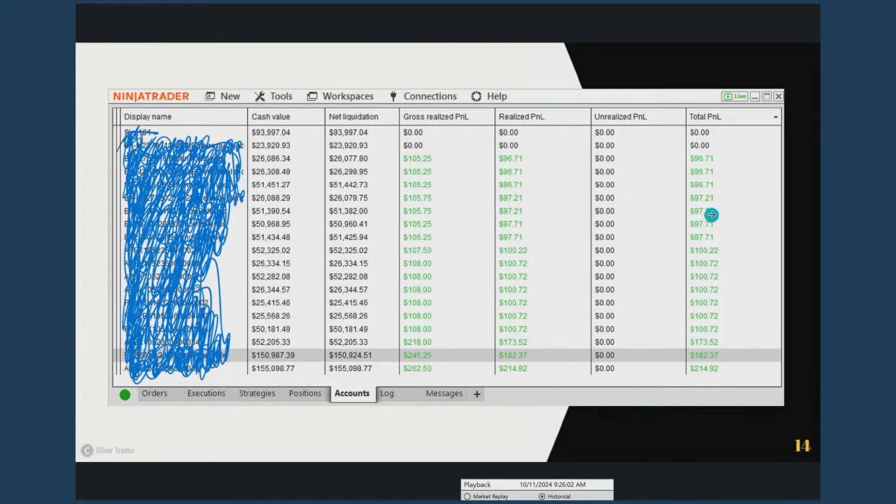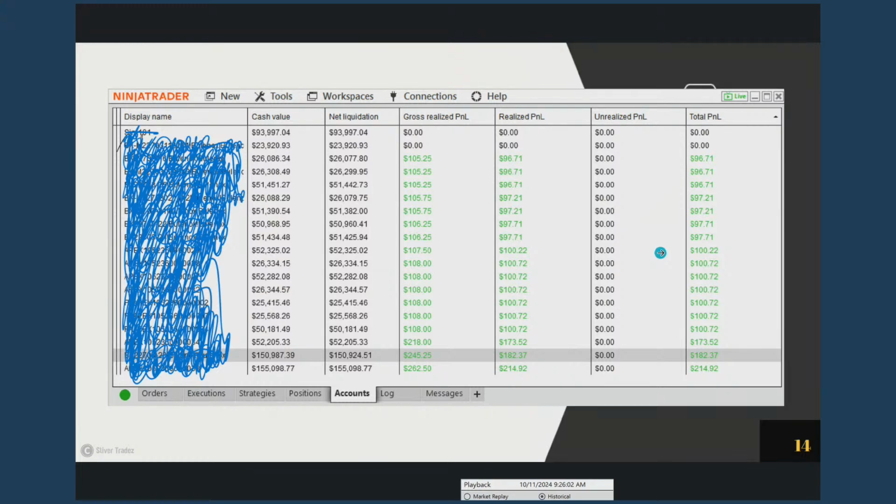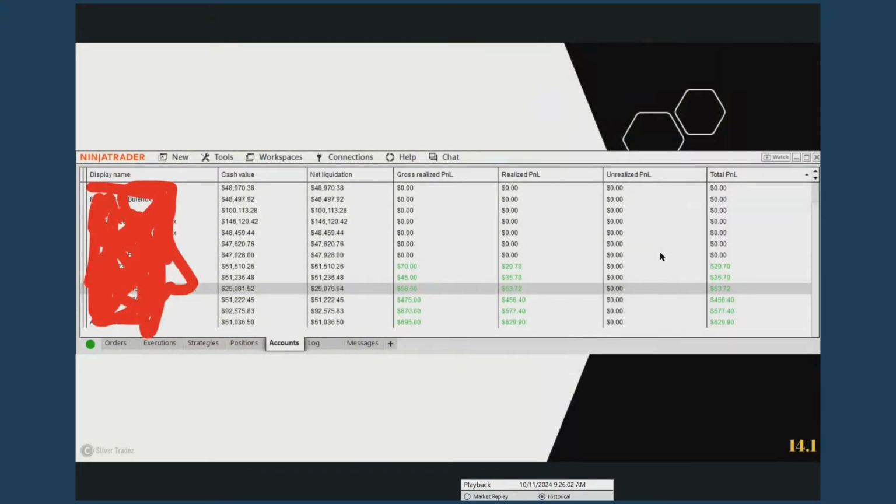This is an example of how you trade across multiple accounts. So if you make $100 per account across, let's say 10 accounts, then it's $1,000 a day, or $20,000 a month, or $240,000 a year. And that's financial freedom for most of us.